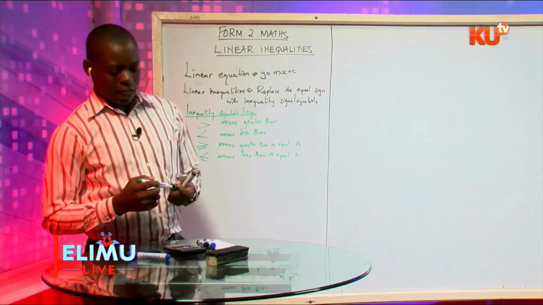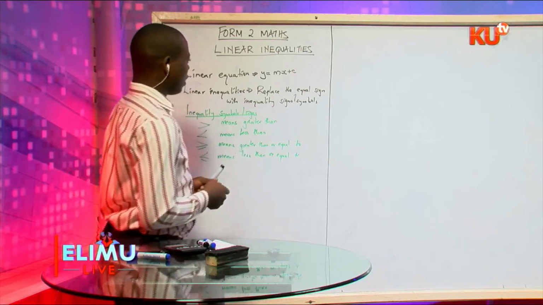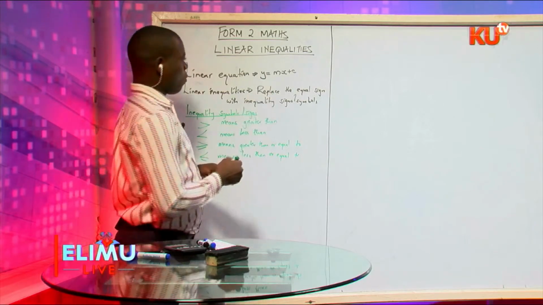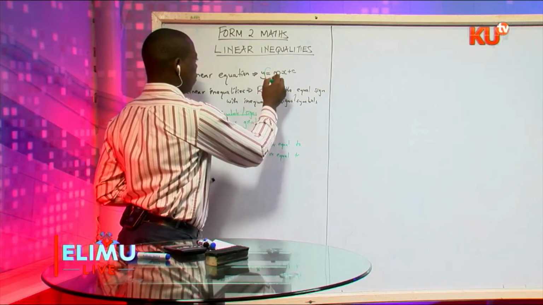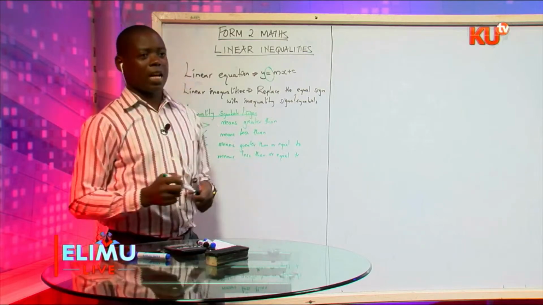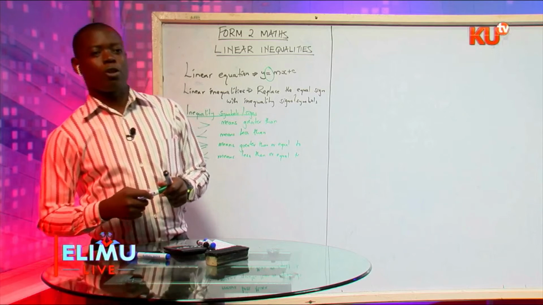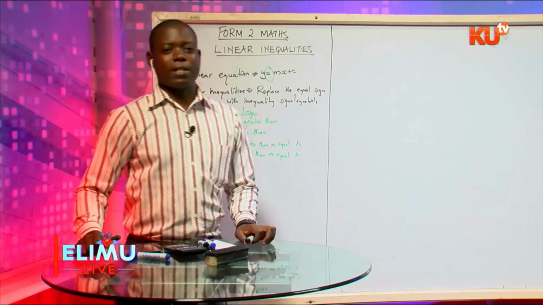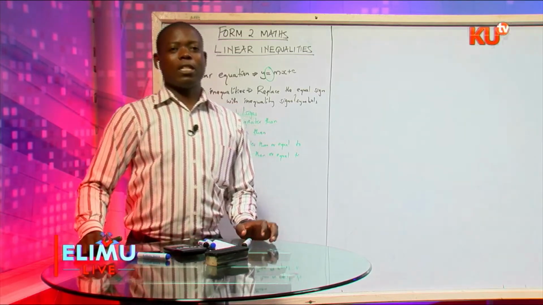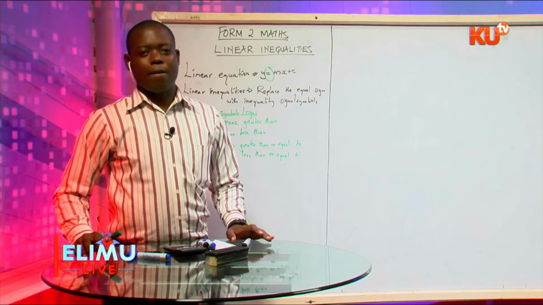Those are the 4 inequality signs that will be substituted. Where there is an equal sign, we replace it with an inequality sign, and then we form what we call linear inequalities. Again, linear because the highest power is 1.